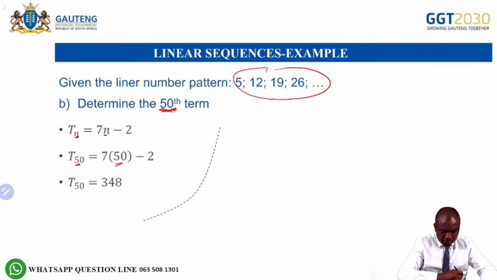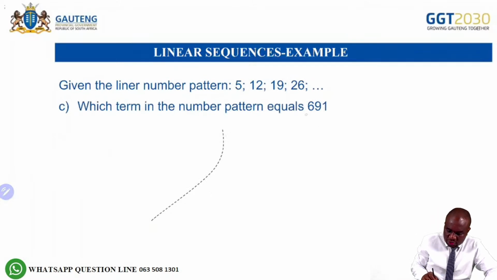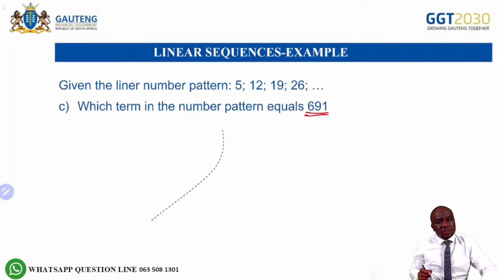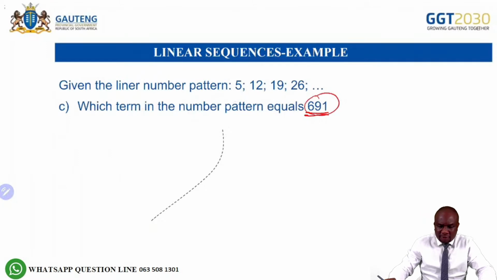Term number 50. Okay? Try to write notes as we move together. Right, we're going to see now which term in the number pattern equals 691. So term Tn is 691. What is n? You see that? So we write our formula.